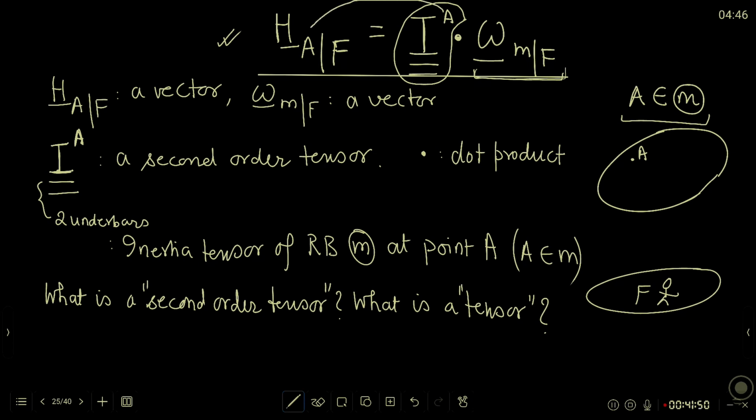Double underbar means it is a second order tensor. So this is a peculiar splitting that is happening.